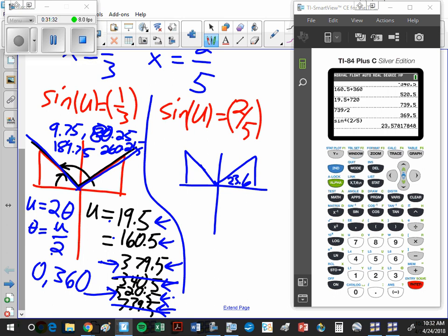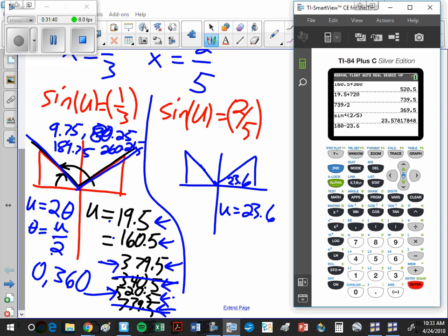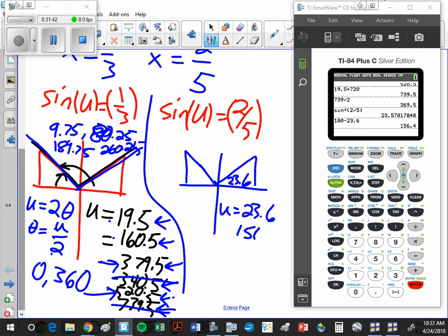So u is 23.6, or 180 minus 23.6 is 156.4, or 23.6 plus 360 would be 383.6. Do I need to find a full rotation in there?